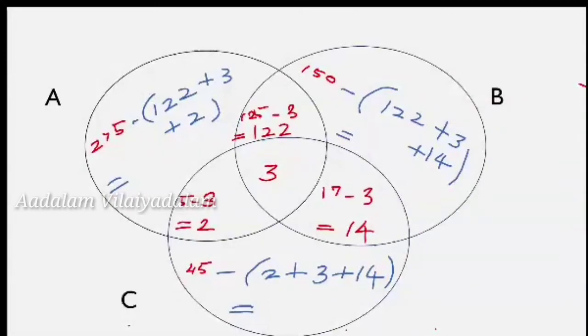Therefore we subtract 122 plus 3 plus 2, since these 3 values are included in the intersections. We add all these 3 values and subtract from the total families of Tamil newspaper, so we get 148. The same way for circle B, adding all these common values and subtracting from the English newspaper total, we get 11.